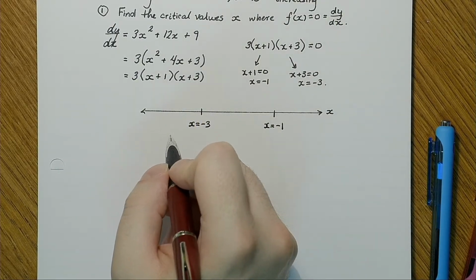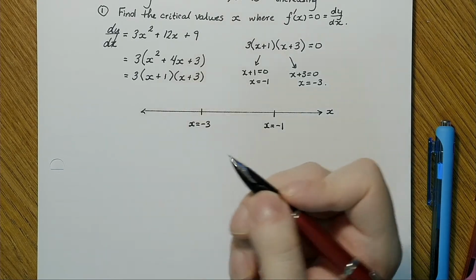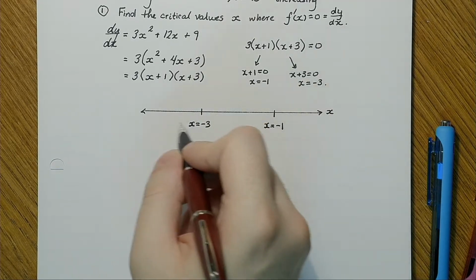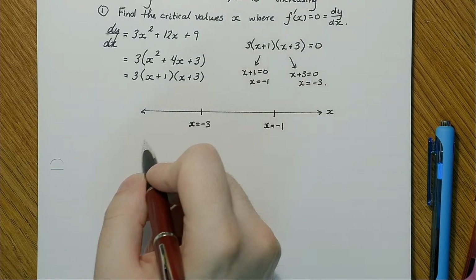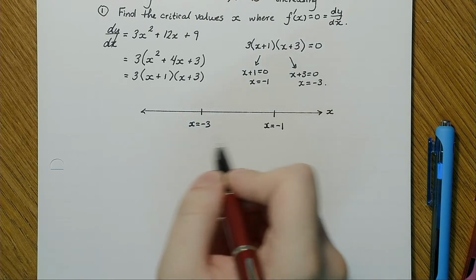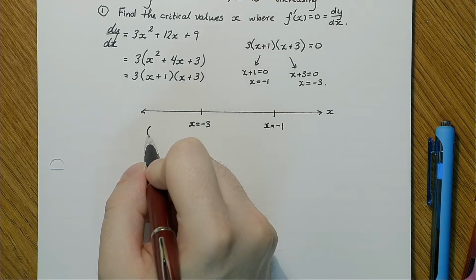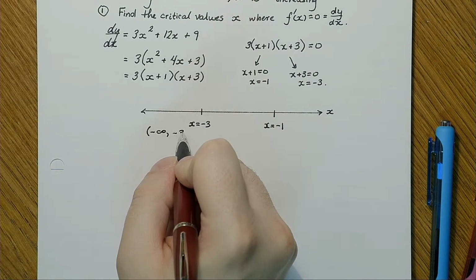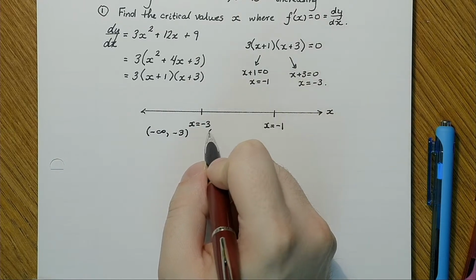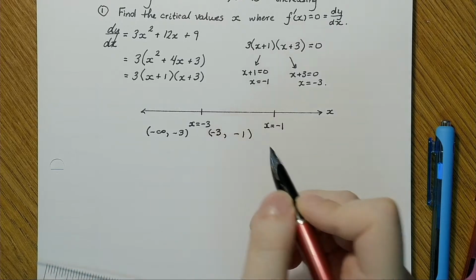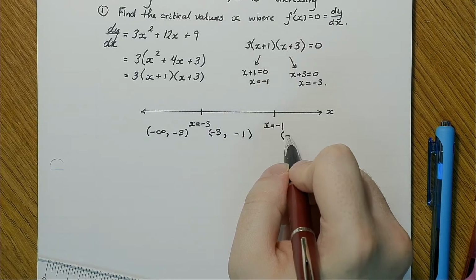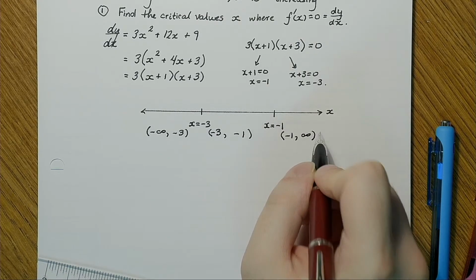So what this has done is I've broken up now the real line into 3 intervals. What I have is from the -infinity to -3 interval, I have a -3 to -1 interval, and then I also have -1 to infinity.